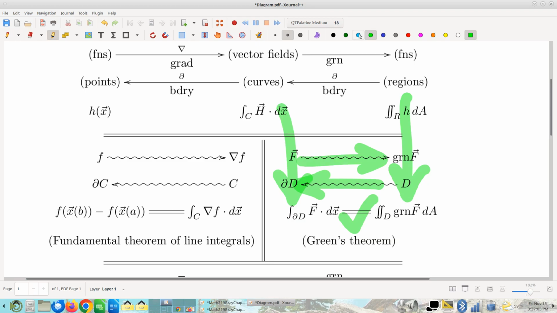Now let's do the same little diagram with the fundamental theorem of line integrals. And notice how this works out. You take a gradient of your vector field, you take the boundary points, starting point and ending point of your curve.